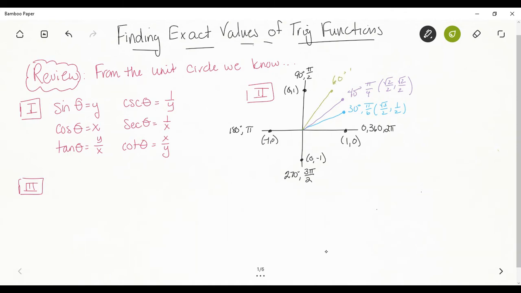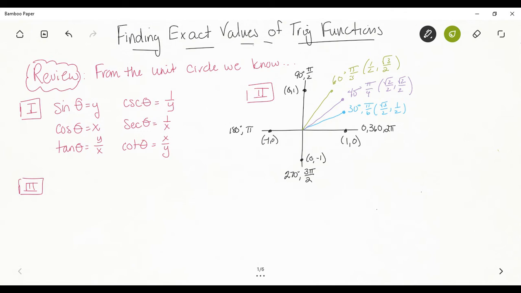And at 60 degrees, we know that that's pi over 3 radians with a coordinate of 1/2, radical 3 over 2. Okay. All of those are very, very important to memorize. This information is all necessary in order to find our exact values very quickly.